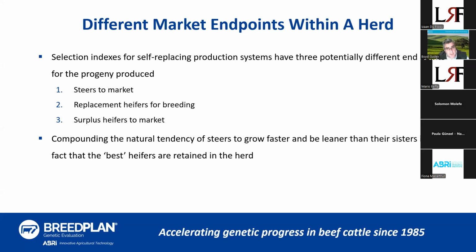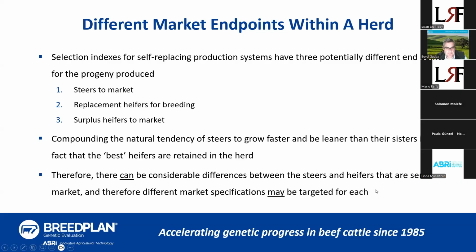So they're probably going to be the slower growing heifers, who are already slower than males anyway, who are going to be going to the market as well. So there's going to be quite a bit of difference between 1 and 3 there. So, yeah, there can be considerable differences between the steers and heifers that are sent to market, and therefore different market specifications may indeed be targeted for each of them.